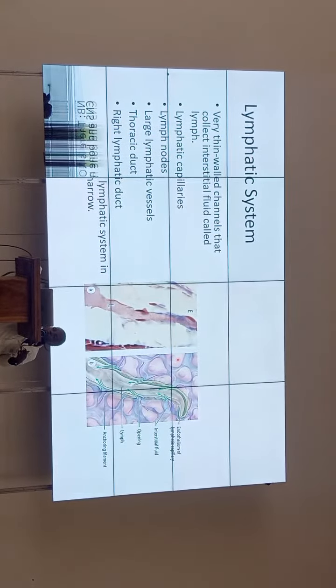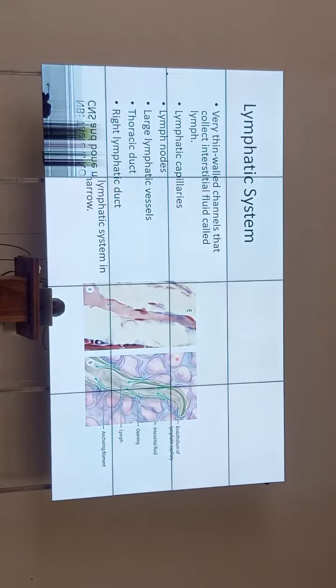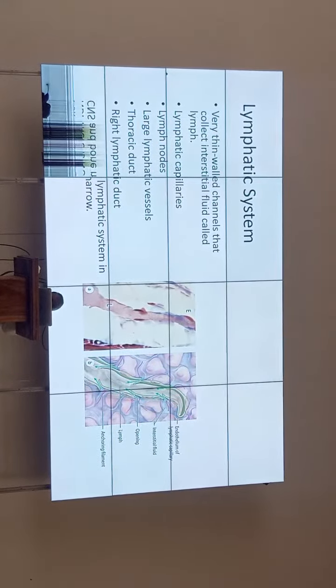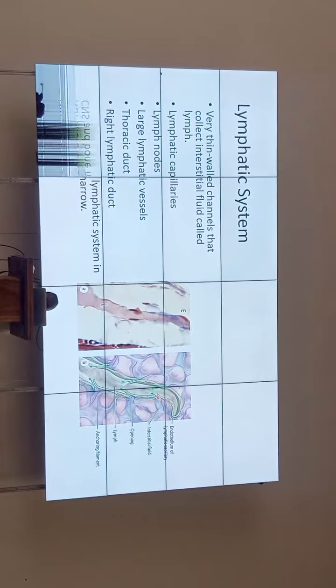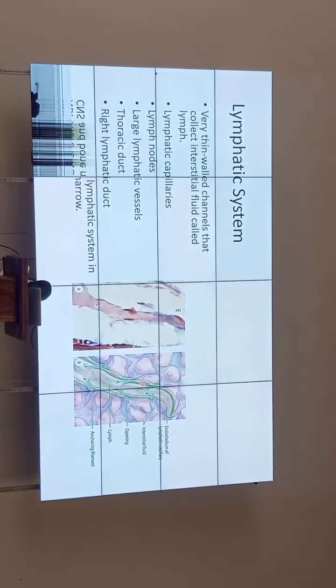Okay. Yeah. So what was I talking about? Yes. So we now have this lymphatic capillary. And look at the cells that are lining it, the green cells. These are endothelial cells.